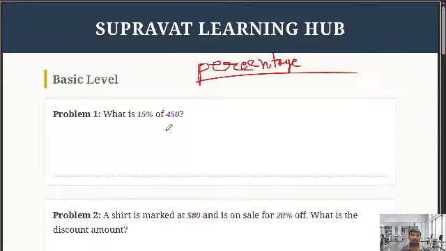Previously I have explained the concept area of percentage. Today I will solve some problems based on these chapters.